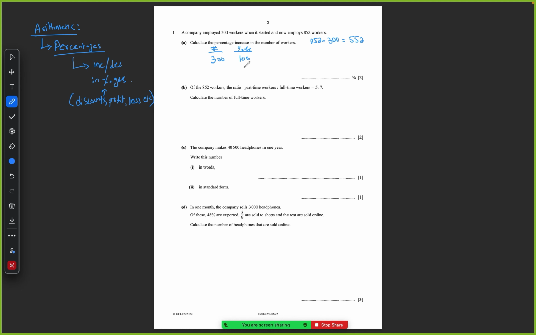So 552 will be equal to how much percentage? That is x, and then you cross multiply and you solve it out. So x is equivalent to 552 times 100 divided by 300.